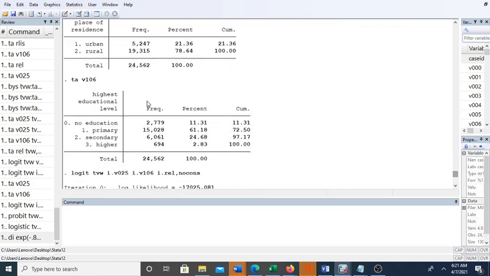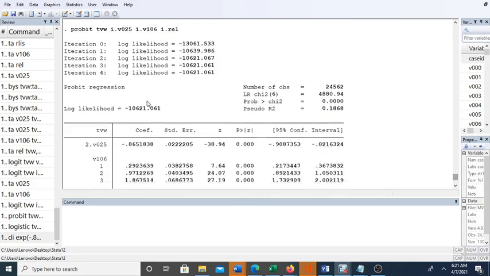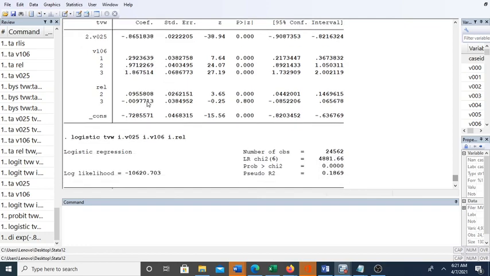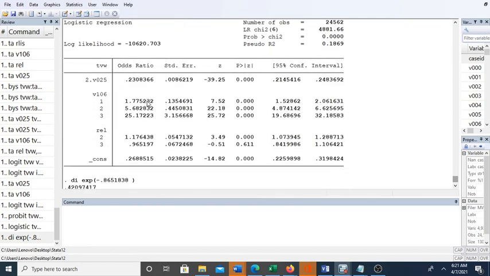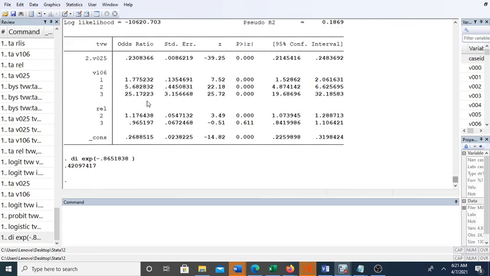Okay, in short, maybe the process here has been quite different, but one thing you must take note of is the exponential. When you take the exponential of something, it means that a coefficient, a beta, when you exponentiate a beta, you get an odds ratio.